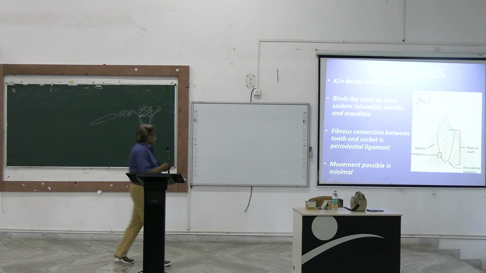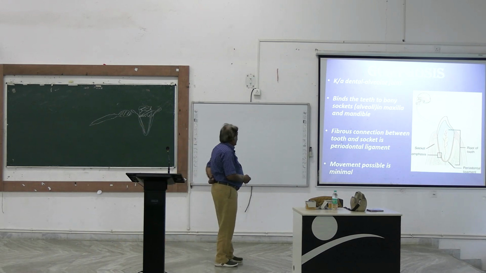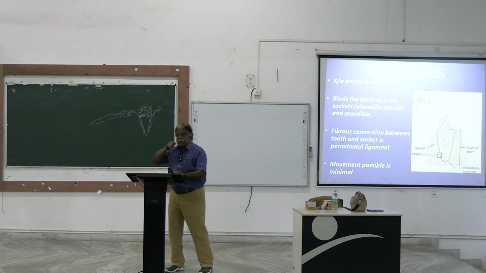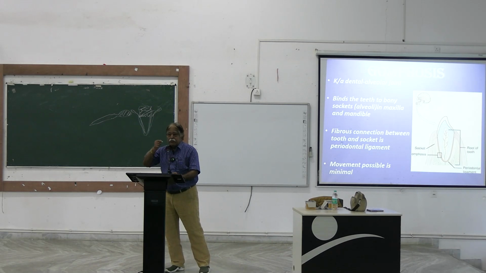Okay. Now, the movement possible is minimal. Fibrous connection between tooth and socket, periodontal ligament, and slight movement is possible. See, when you are eating mutton, the joints won't move.